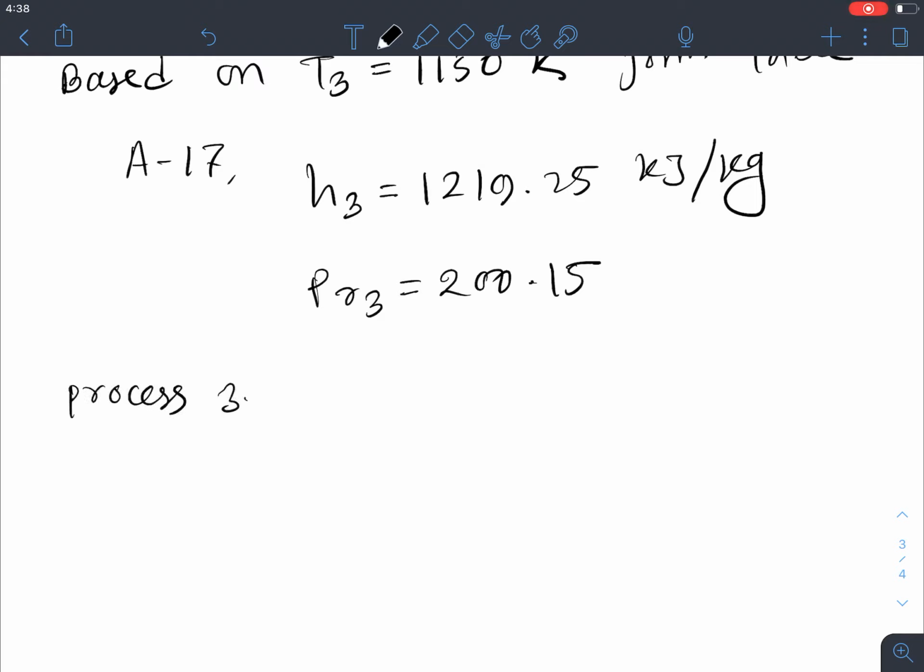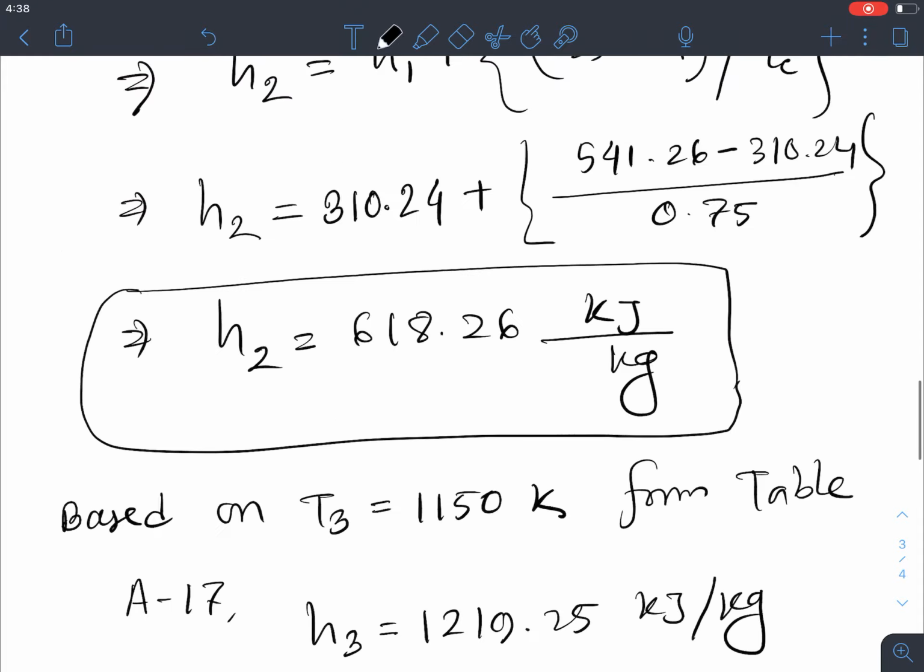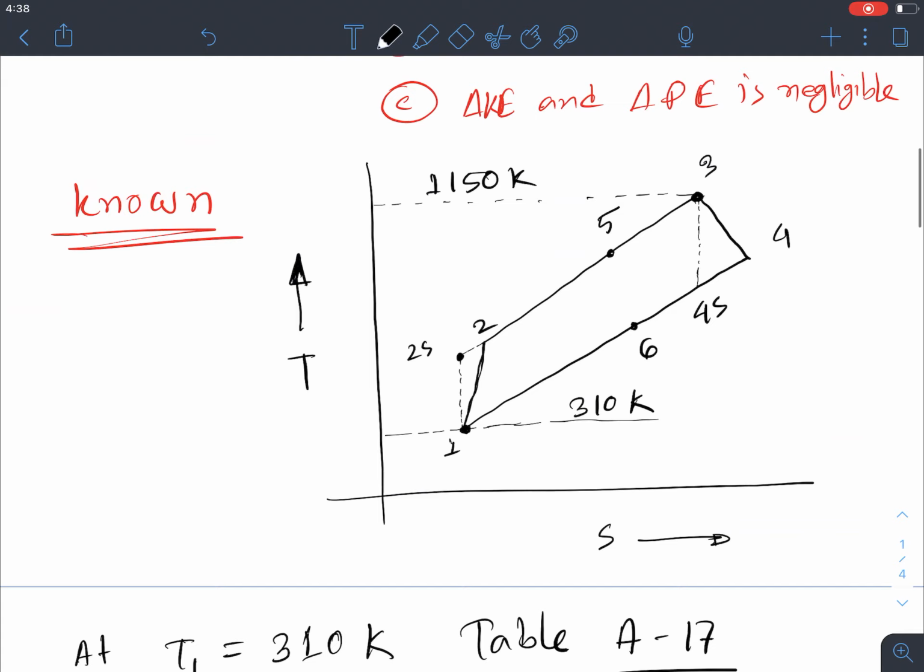So we have all this information, right? So now again, process 3 to 4 is isentropic too, right?